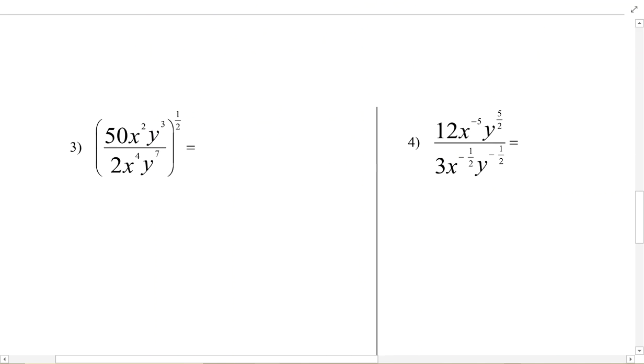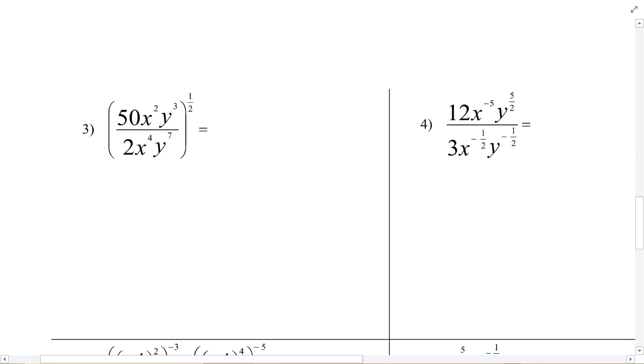Okay. All right, now this one's a little bit different. Because you can actually simplify this fraction, like 50 divided by 2, x divided by x. I would do that first before you bring the 1/2 inside. There's no negative sign outside here, so you don't have to flip it. So let's do this division right here. Leave our answer in brackets to the 1/2, but do the division. 50 divided by 2.